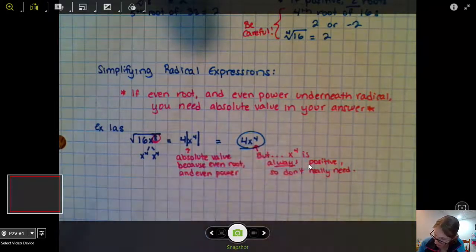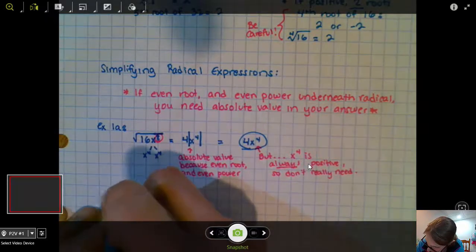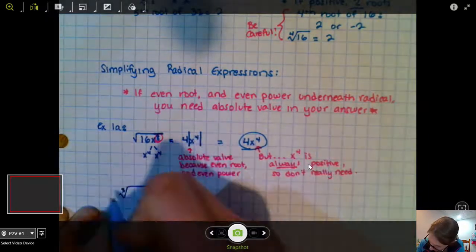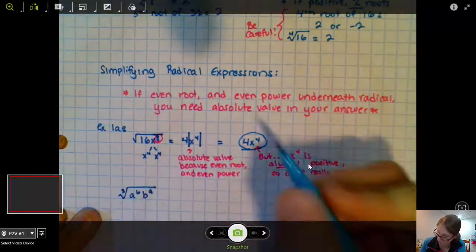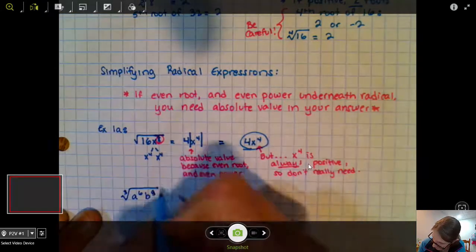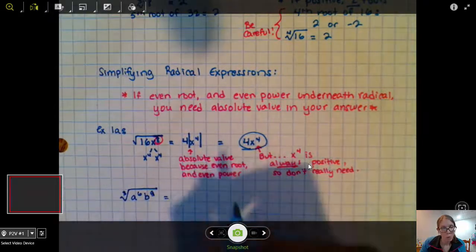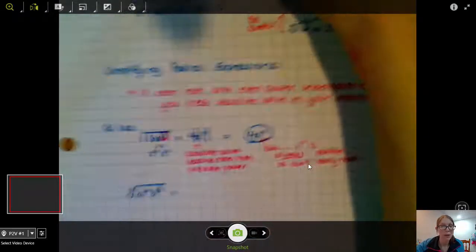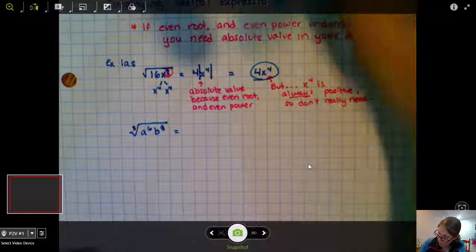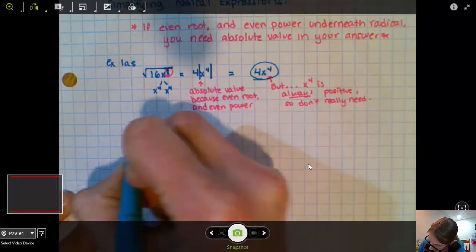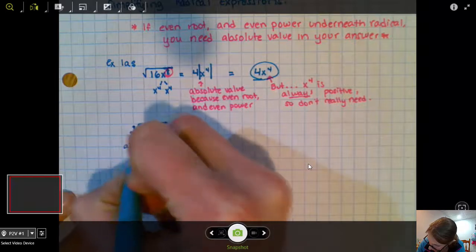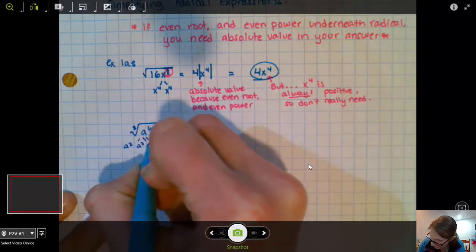If I had the cube root of a to the 6th, b to the 9th. So cube root, what times itself again gives you a to the 6th? Well, a to the 6th is a squared times a squared times a squared.